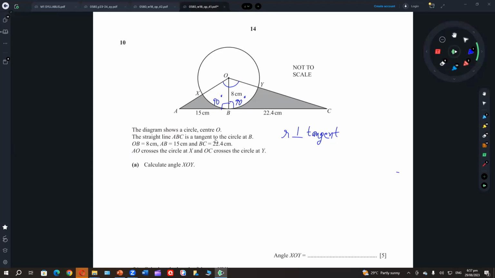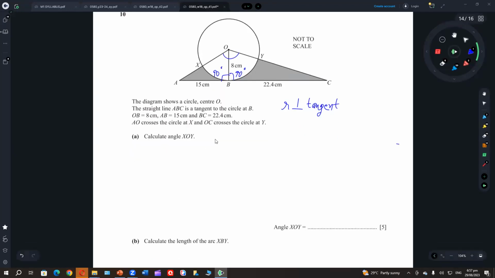Now it's a triangle. If we add them both, but we do not know any one of them, no? So I think I should first make this red angle.